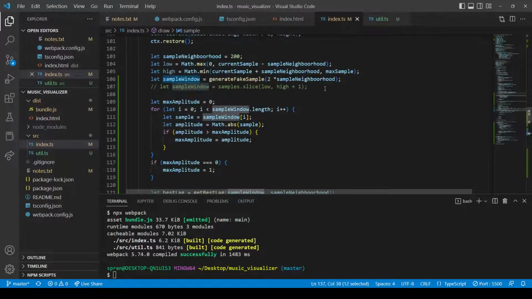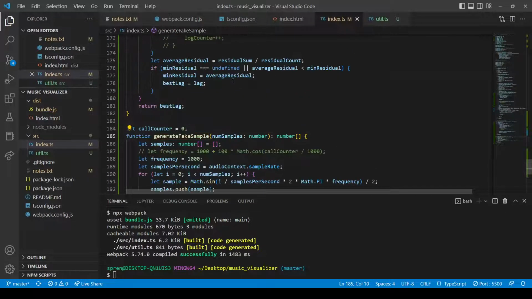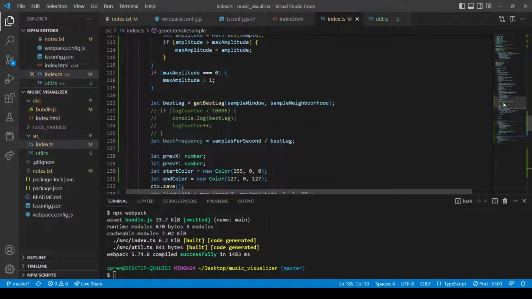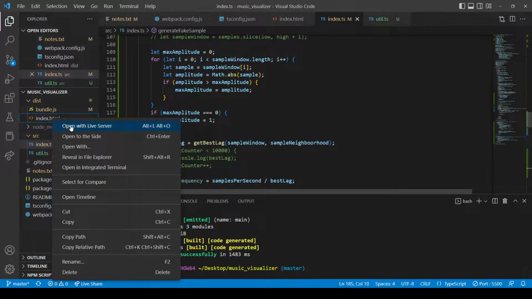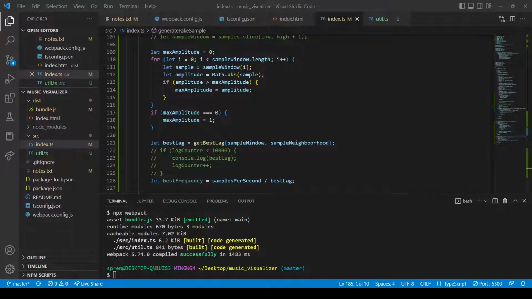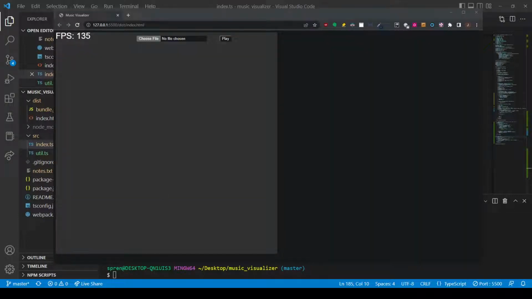Sample window. Yes. Okay. I think that's correct. Oh, I need a new browser window. Need a new browser window. Okay, it's there. It exists.